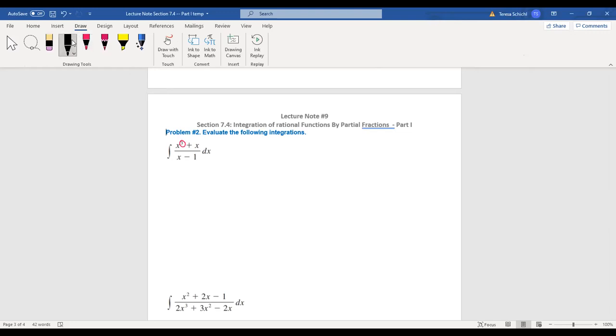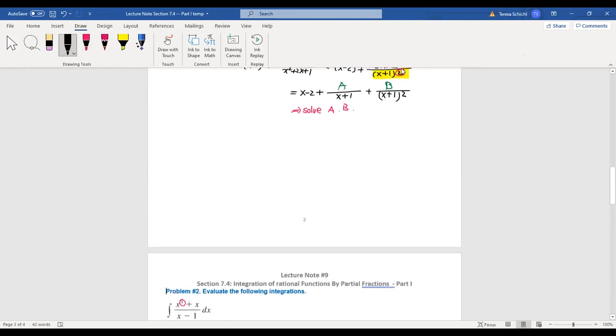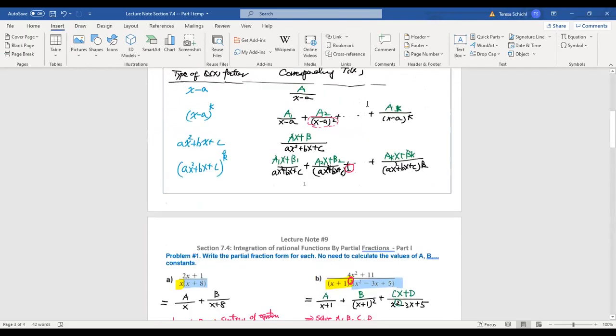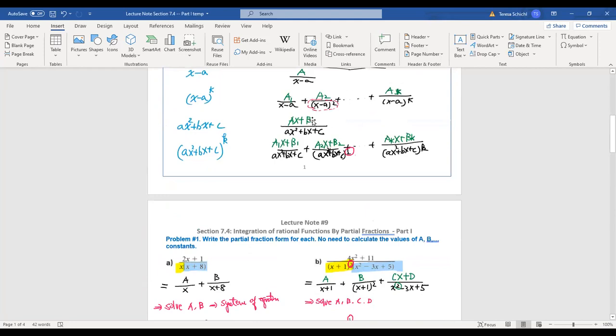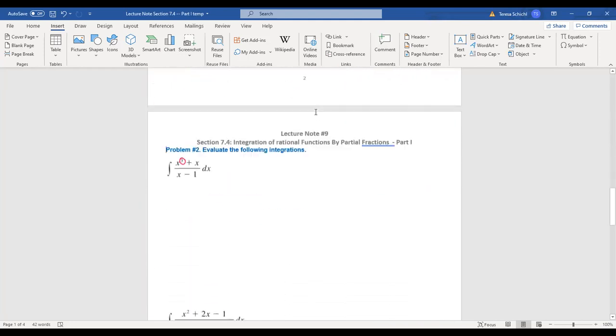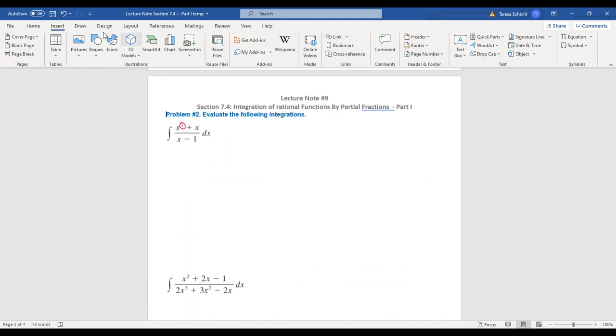If you remember the steps we talked about: if the degree of the numerator's polynomial is greater than or equal to the degree of the denominator, then we need to use long division to reduce the degree of the top of the rational function.